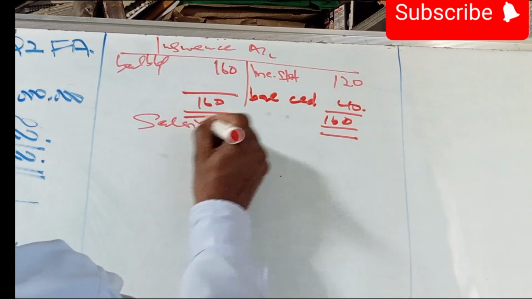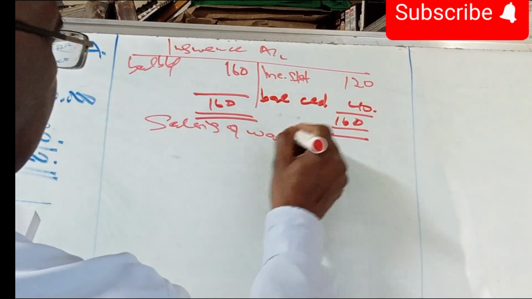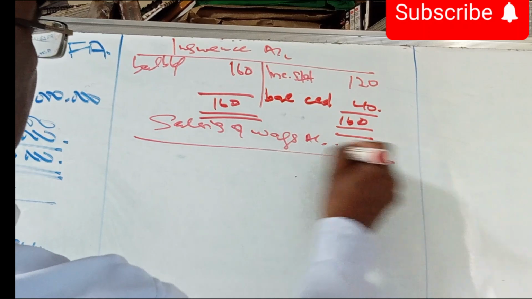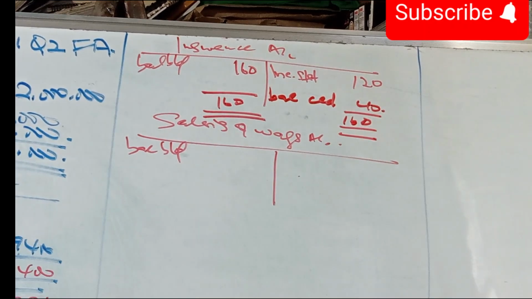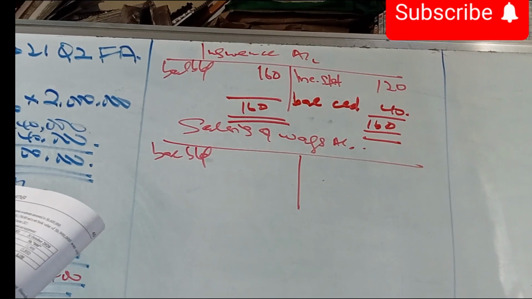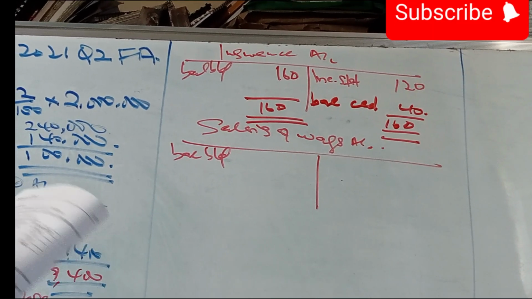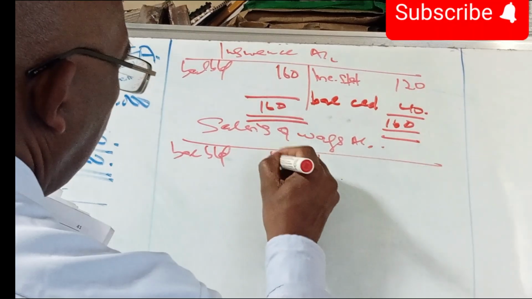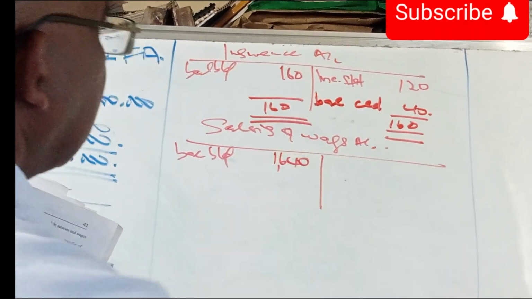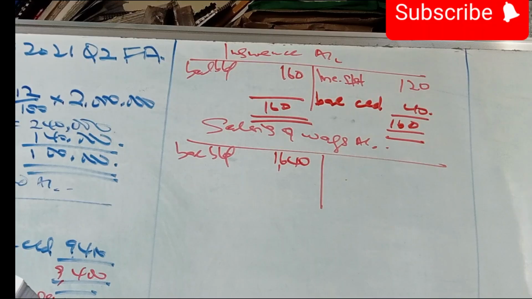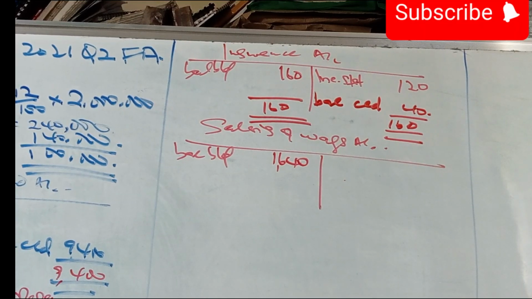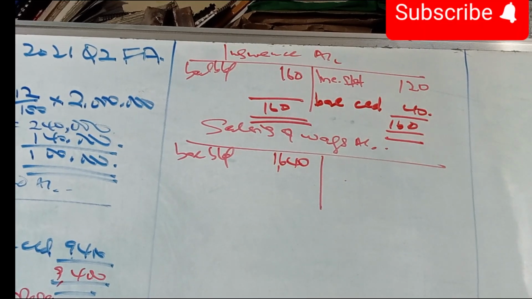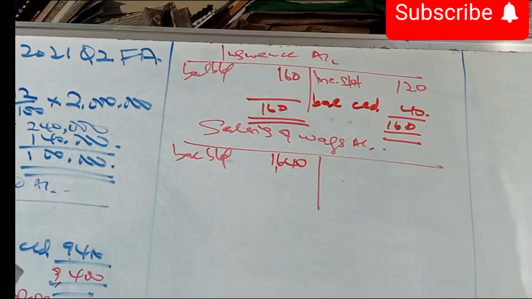Salaries and wages account. If we get the balance brought down from the trial balance, we are told salaries and wages are 1640. Now, we have paid salaries and wages amounting to 1640, but we are told salaries and wages outstanding amounted to 60,000, meaning these we have incurred. Employees have worked for us, but you have not paid them. And therefore, it's a liability.